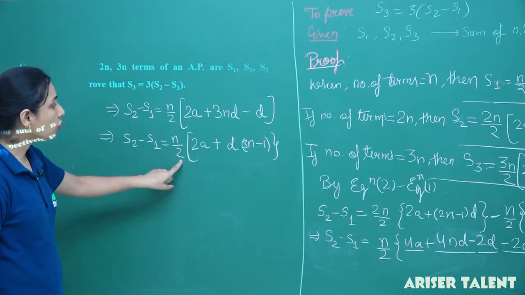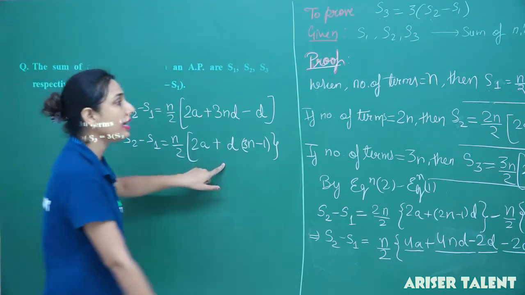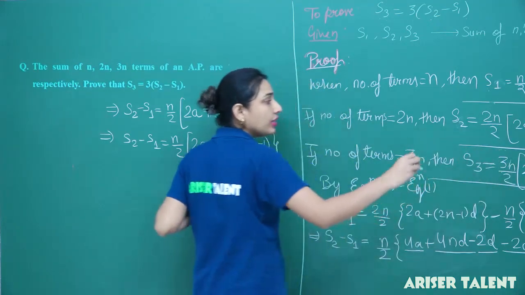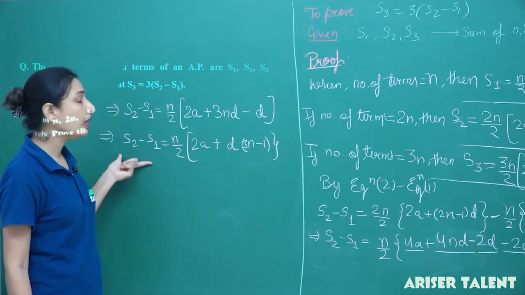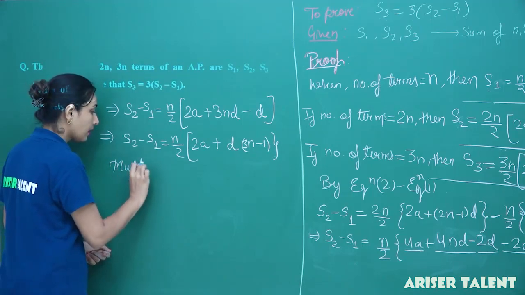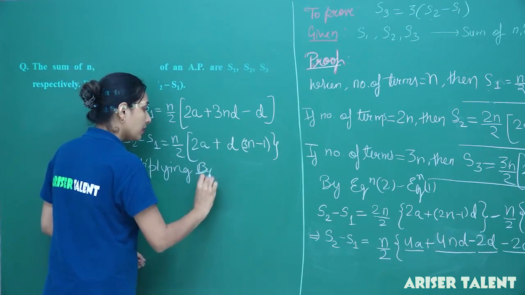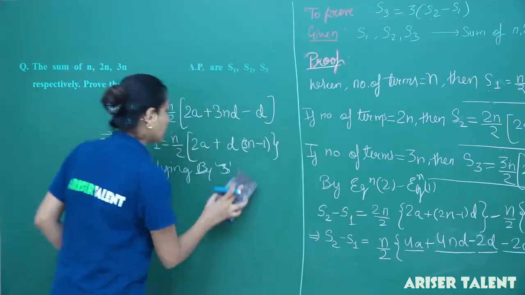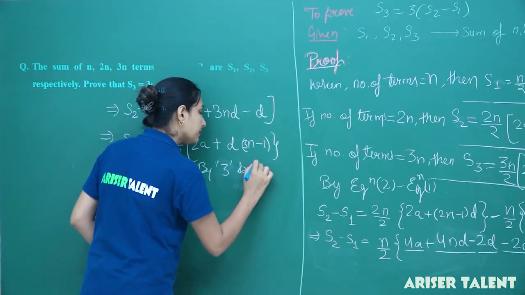It is the same term we are having here in S3, but here it is not multiplied by 3. So what we can do is multiply 3 on both sides, multiplying by 3 on both sides.